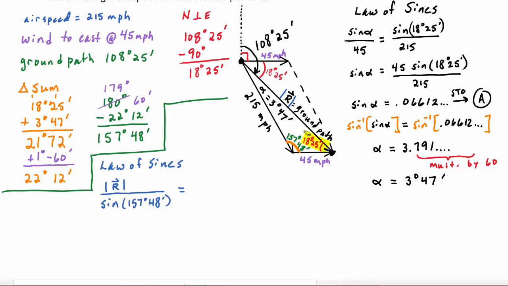However, we know that this angle, 18 degrees 25 minutes, is exact where the 3 degrees 47 minutes was rounded over here. Remember, to get that 18 degrees 25 minutes, we started from a given and subtracted exactly 90.